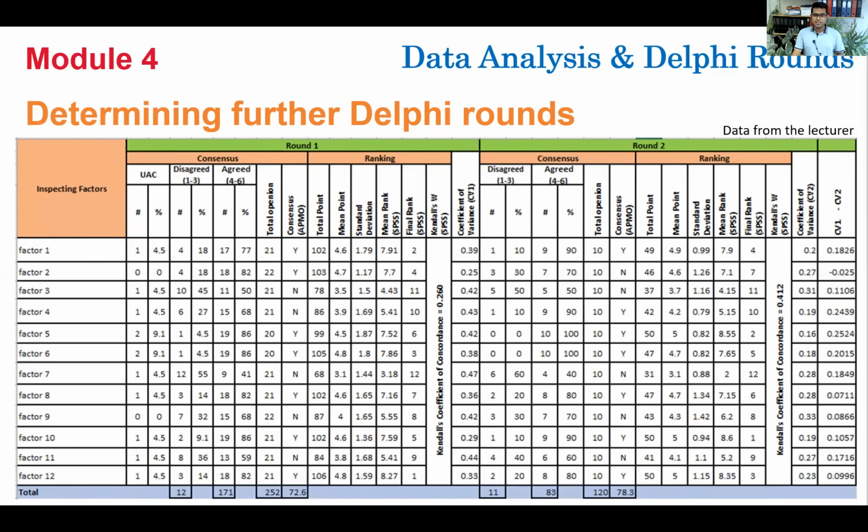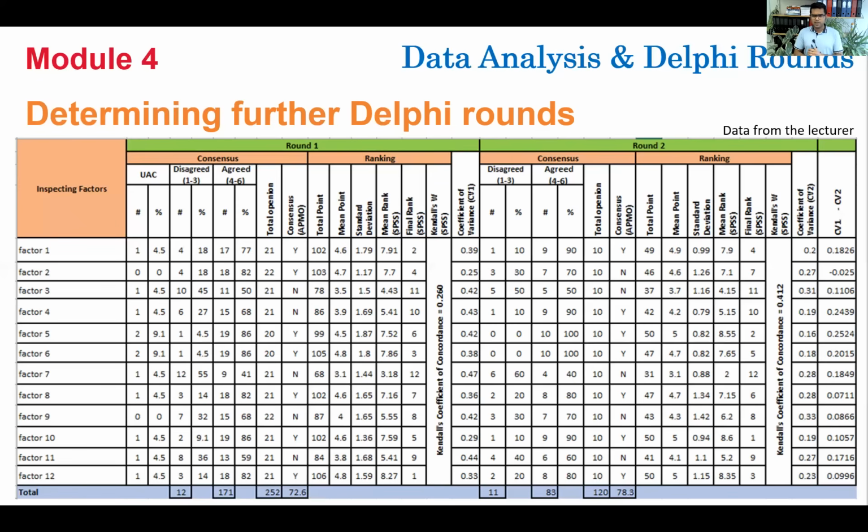So the researchers decided to stop conducting further rounds of the Delphi study because the study achieved stability in general agreement by gaining a good decrease in CV values, a good increase in Kendall's tau, and a small CV difference. The findings were then reported to the appropriate channels.